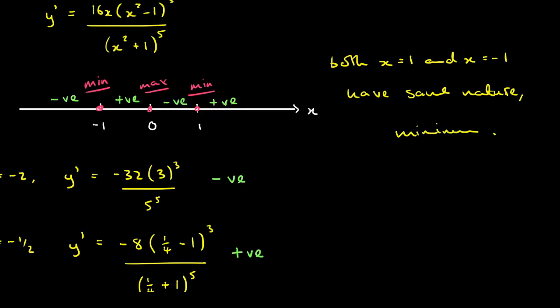You probably want to write something like that at the end. I'm just going to quickly check the mark scheme to see if they do that. Yeah, conclusion: x equals 1 and x equals negative 1 are minimum points.